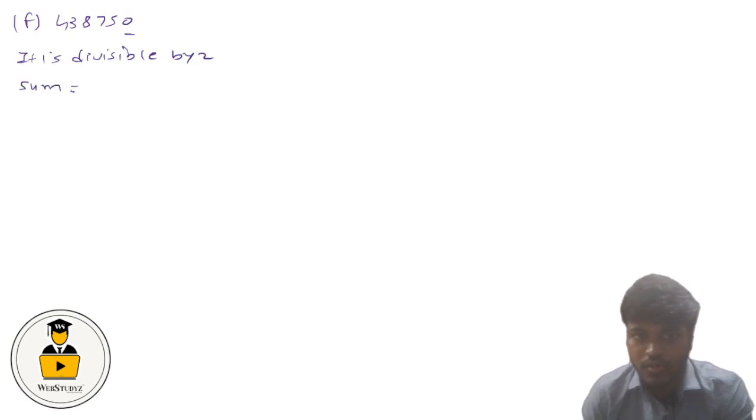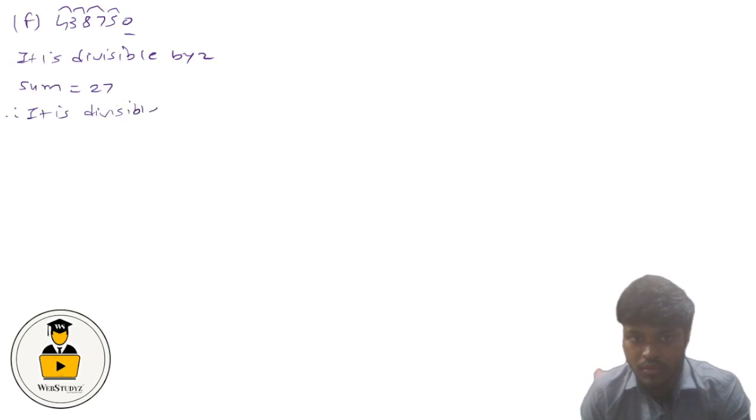And let us find the sum of digits. 4 plus 3 is 7, 7 plus 8 is 15, 15 plus 7 is 22, 22 plus 5 is 27, and 27 is divisible by 3, so it is divisible by 3. And since it is divisible by 2 and 3, we can say that the number is divisible by 6.